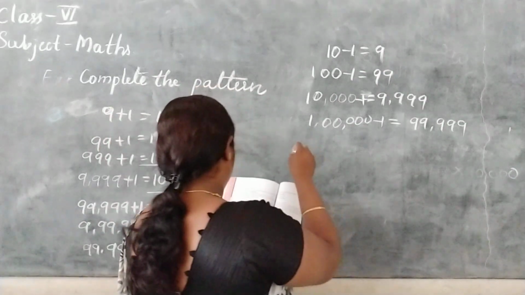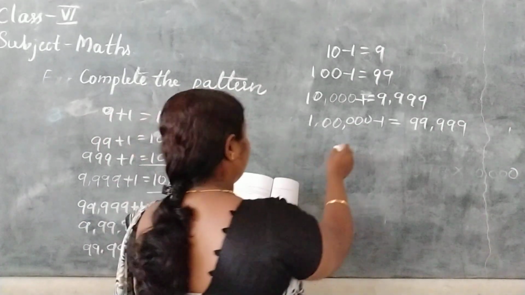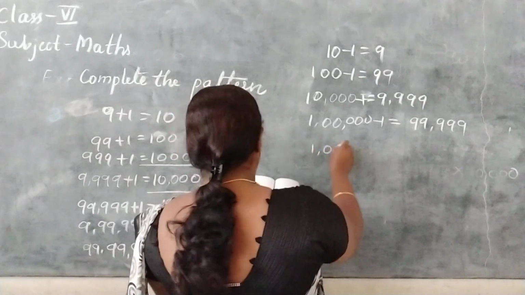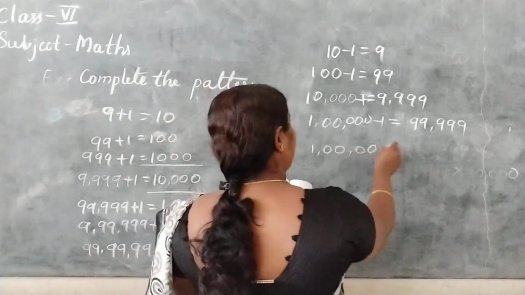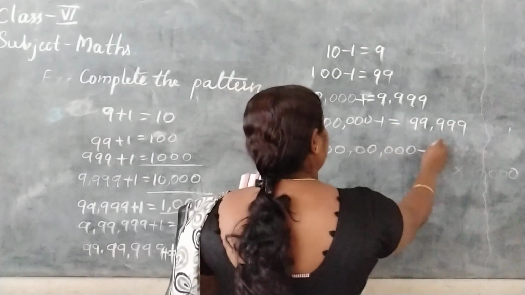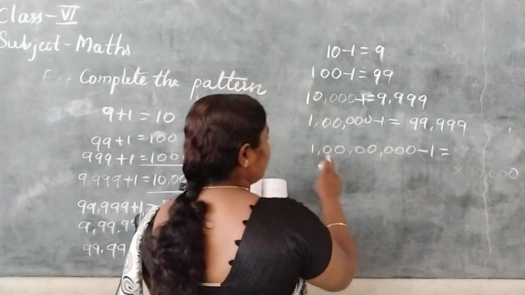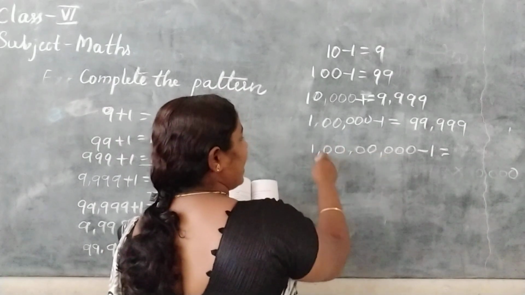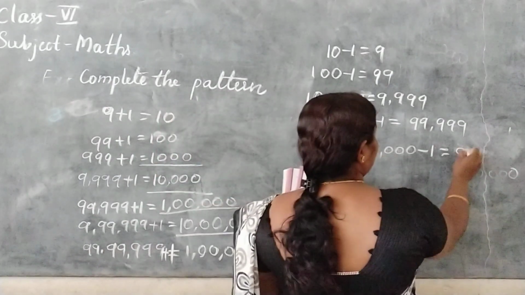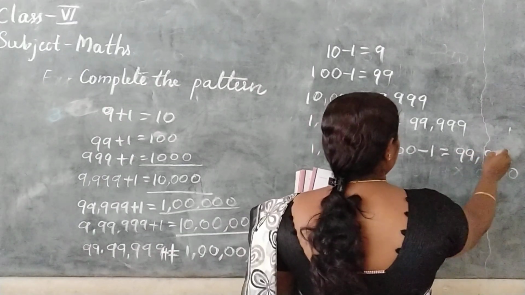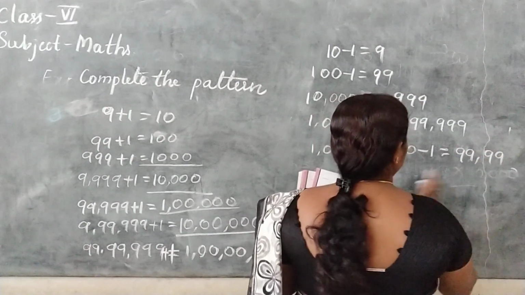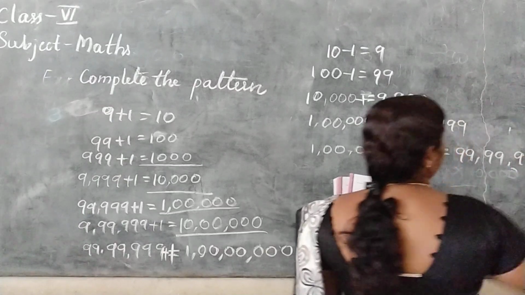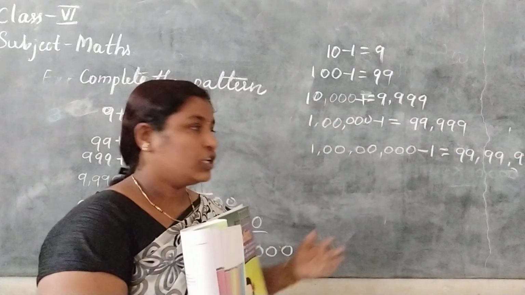Next, after 1 lakh, 1 crore. Minus 1, if we do that, ones, tens, 100, 1000, 10,000, lakh, 10 lakh, crore. So this will become 99 lakh, 99,999 will be the answer.